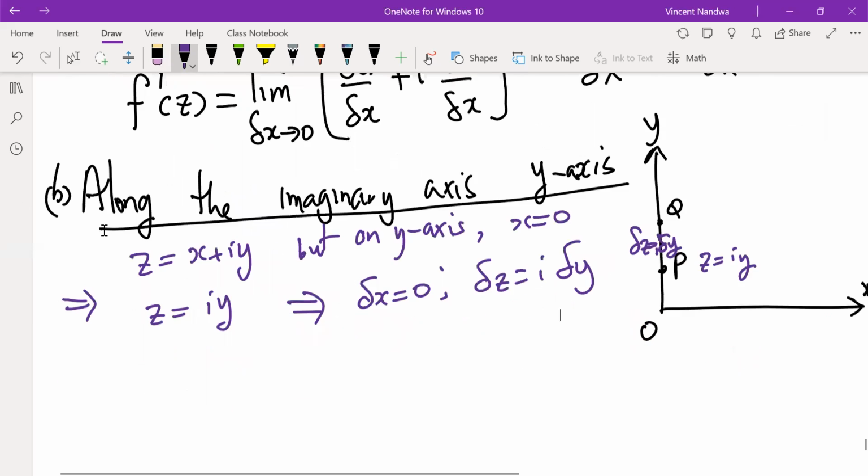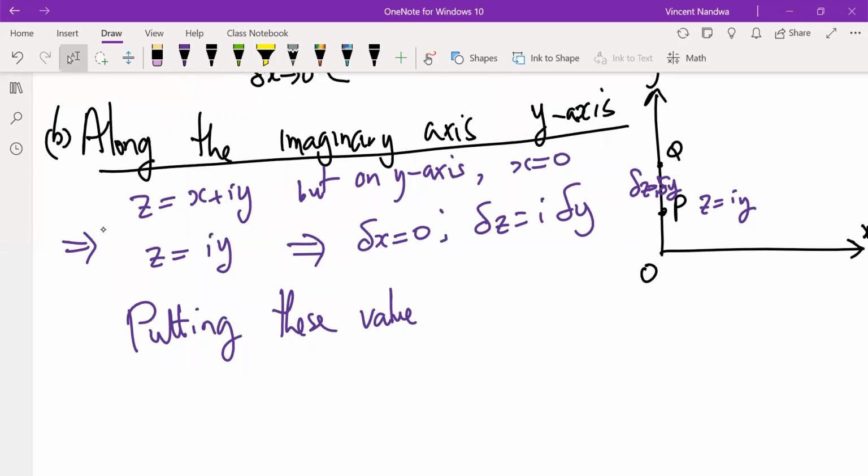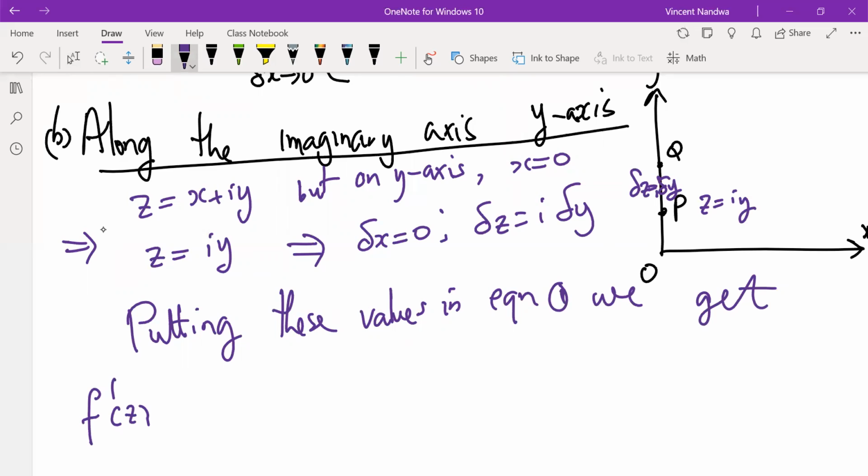Now, putting these values in equation 1 again, we get f prime of z is given by the limit.